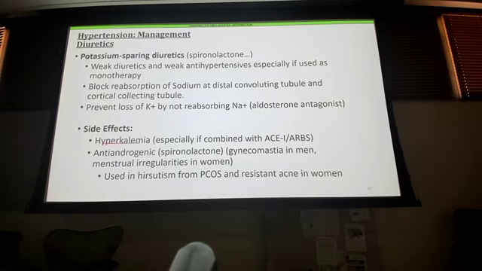Probably one of the biggest effects is going to be this antiadrenergic effect that you see, where if you put men on spironolactone, it can cause gynecomastia. In women, this is actually a very common medication that we use in the management of PCOS and the hirsutism, so like that excess facial hair growth present in PCOS, because it has this antiadrenergic effect to it.